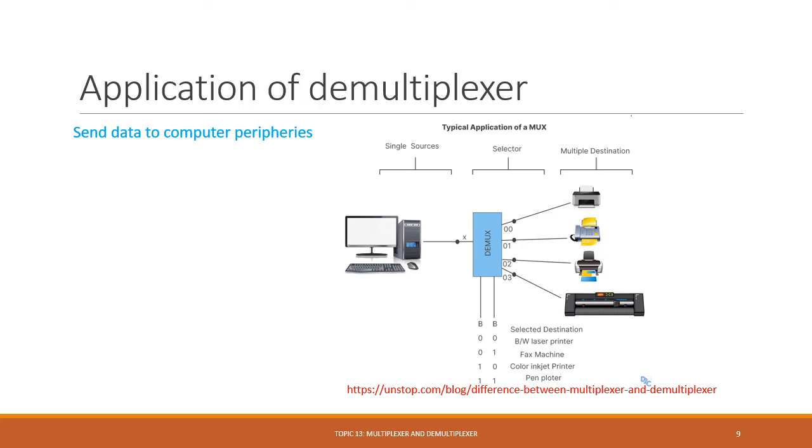Like in a computer, we want to use different peripherals like printer, fax machine, or a pen plotter here. Anyway, if you have multiple outputs, you can use the demux to determine where you want to send the data. That's it.